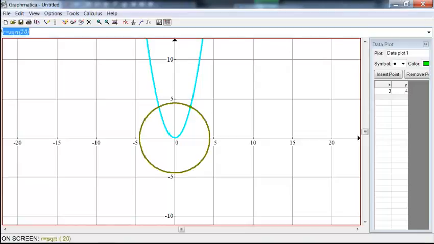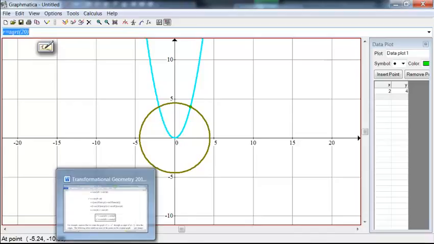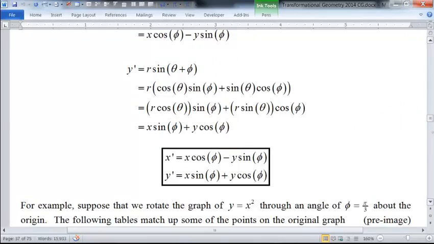So we know that the image should be on that circle somewhere, and it should be rotated by pi over 3. Okay? That is where we want it to be. So we will rotate by pi over 3. Okay? So let's go back to here.